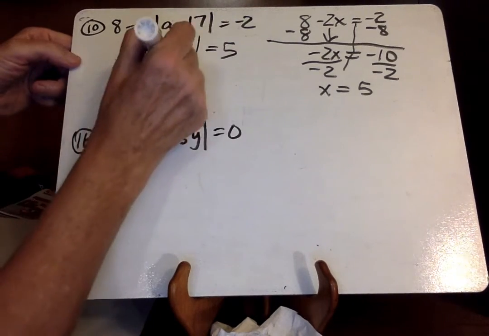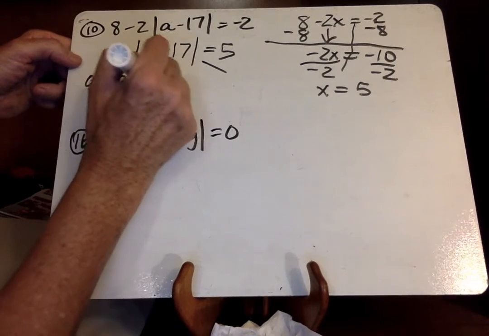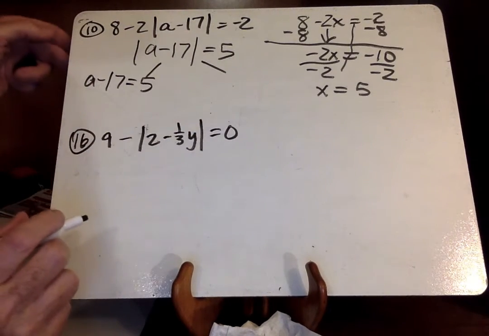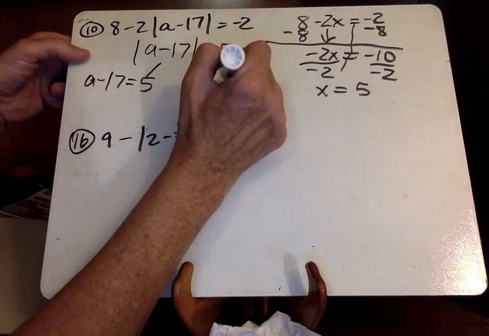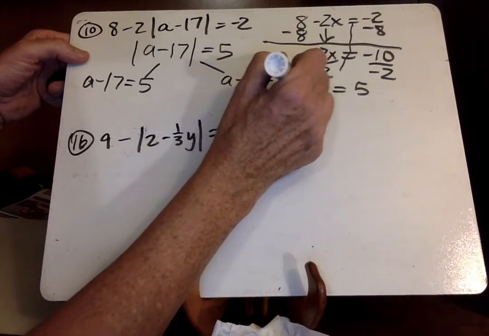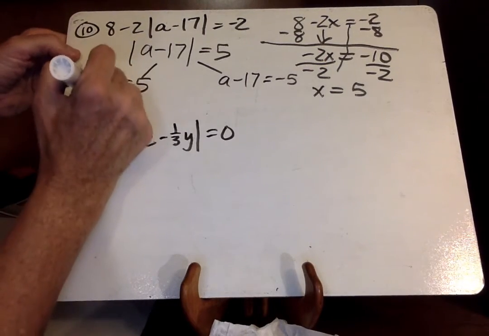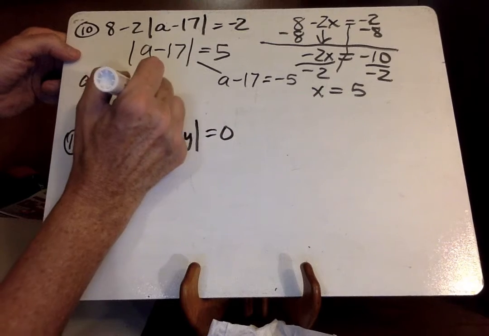And then we come up with our two equations. A minus 17 equals 5. The first one looks exactly like that without absolute value bars. Or a minus 17 equals negative 5. And we solve each equation. So we're going to add 17, add 17.